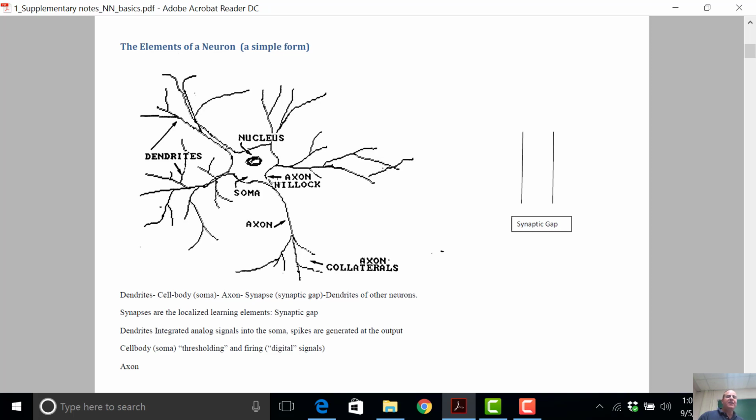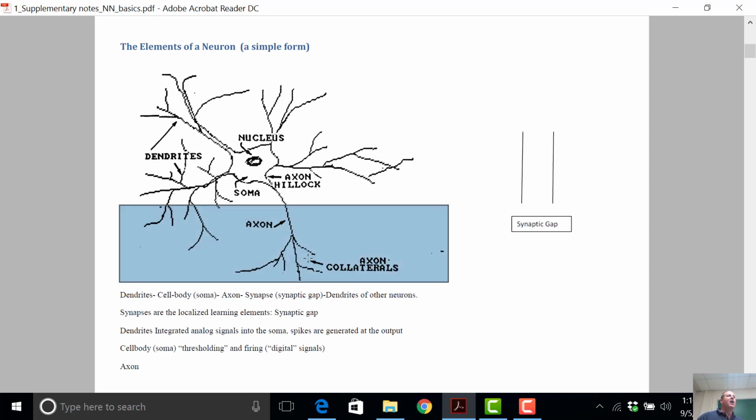So you have a stream of spikes running through, and then the end of this axon is going to latch onto other dendrites. This is the typical form. Sometimes it latches onto other axons as well.